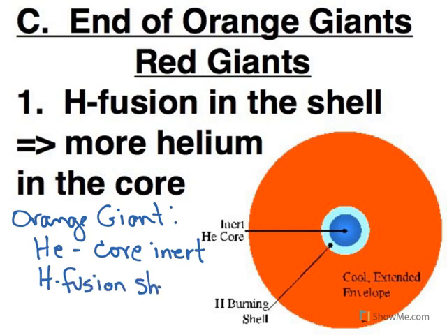And of course, hydrogen fusion is making helium. So we've got this helium being produced in the shell that's getting added to the core. So it's dumping more and more helium onto that core, making it heavier and heavier.